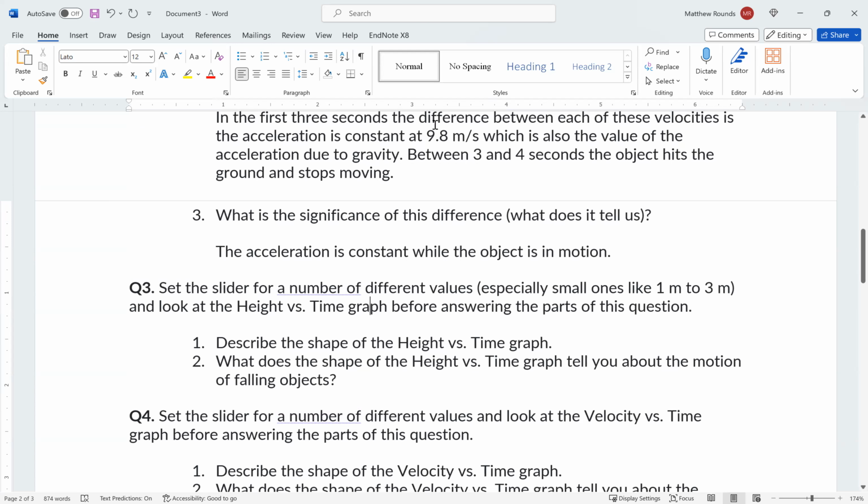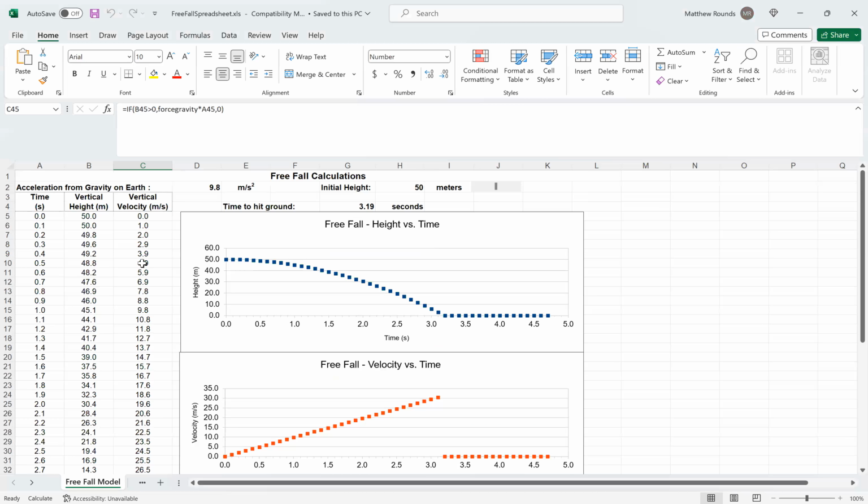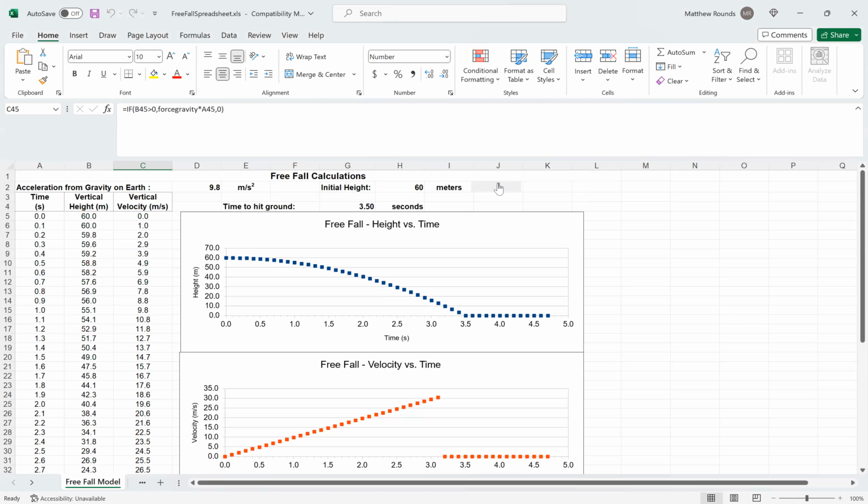Okay, so we're going to go back and look at that Excel sheet again. So it says to change the slider. Oh, there, that is the slider. Okay. Change the slider, 1 meter to 3 meters. Look at the height versus time graph before answering this question. Okay. This is the only slider I see.